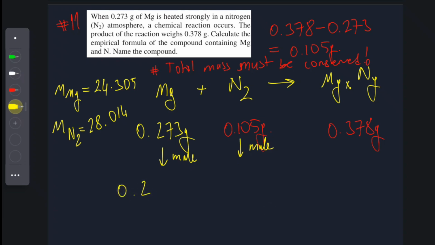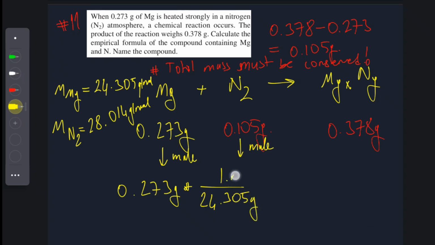These are grams per mole, of course. So 1 over 24.305 grams times mole. Grams will cancel each other, and the number will become 0.0112.